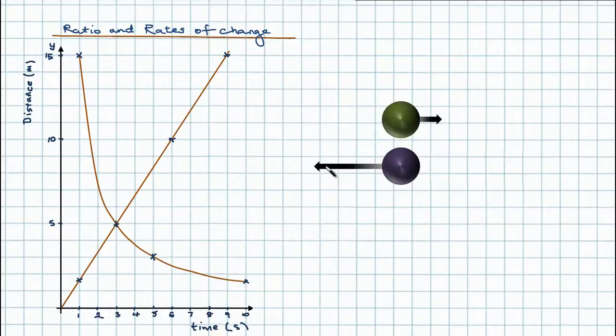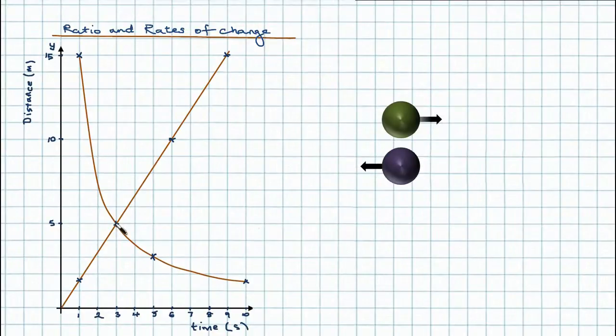But what happens as we go down this curve here, so we go forward in time, what happens is that we get a slowing down until we get to the point where the two lines cross, which means they're going at exactly the same speed, just in different directions.